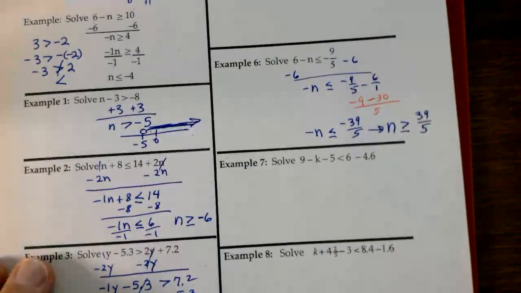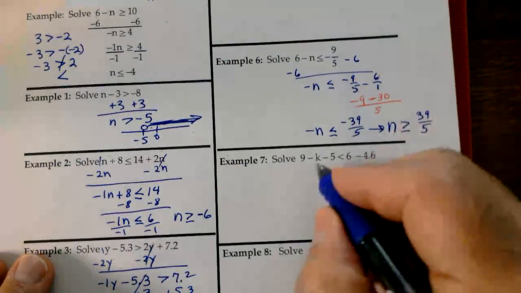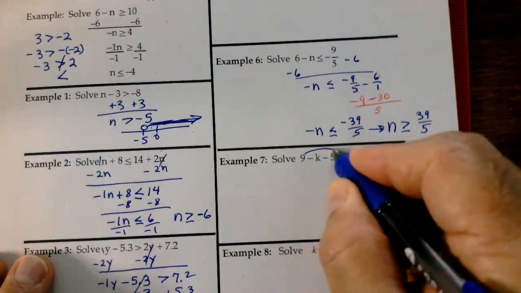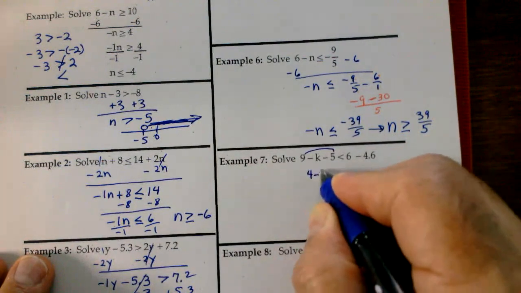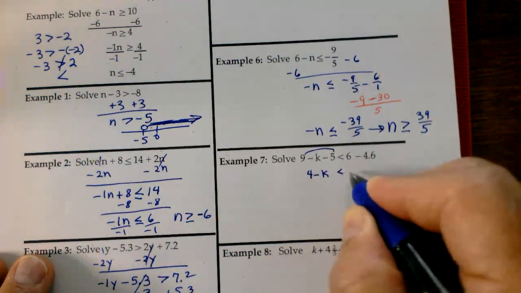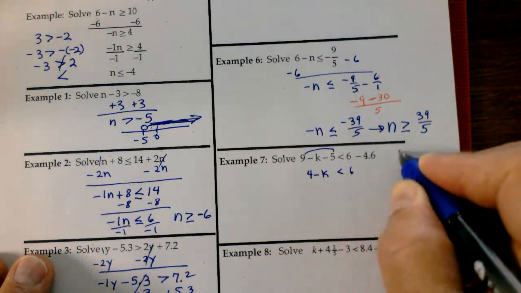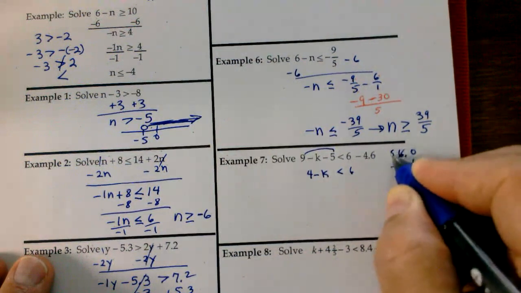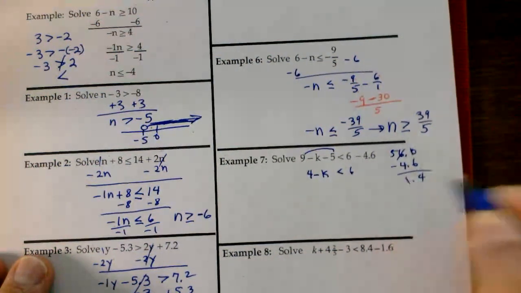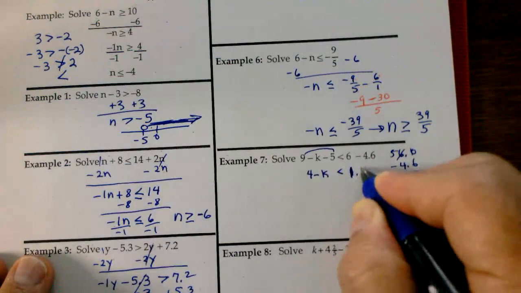Here, we're going to take a look and see if we can combine terms first. 9 minus 5 is 4. 4 minus k on the left. 6.0 minus 4.6 is going to be 1.4.